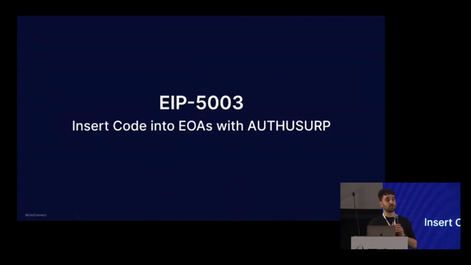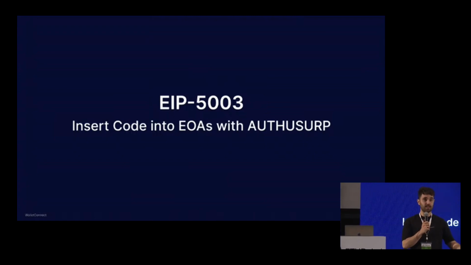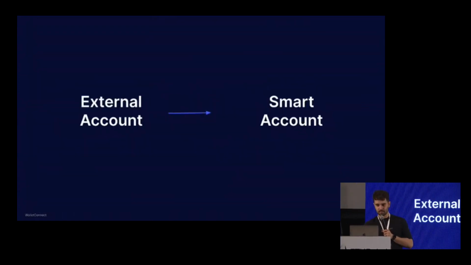Transferring all of that is going to cost you a lot. So if we have the ability to just upgrade your external account, which is an optional feature, not forcing everyone to do it, you would basically just send a transaction with this new AUTHUSURP opcode, and you'd convert your external account into a smart account, which is really amazing.